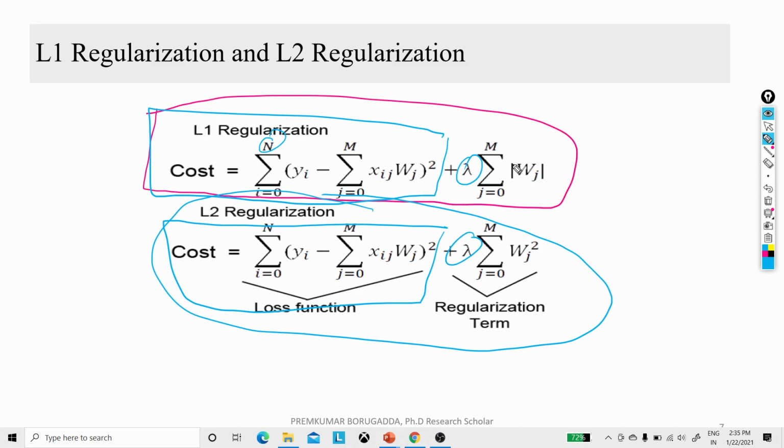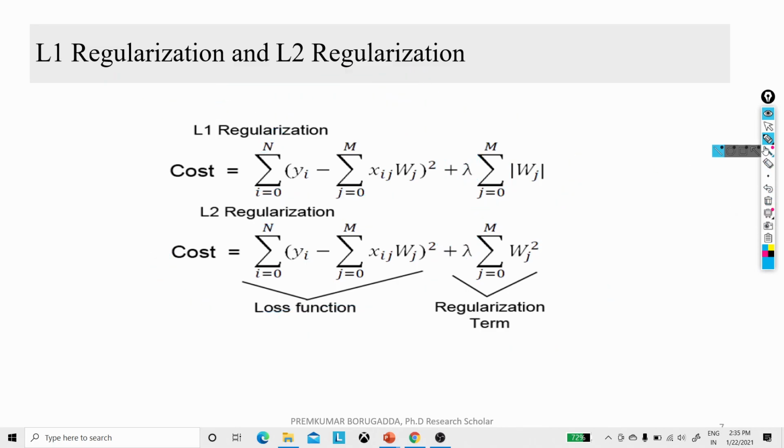But here this is the absolute magnitude, and this is the square of the magnitude. That is the main difference between lasso and ridge regression. L1 regularization is nothing but lasso, and L2 regularization is nothing but ridge regression.